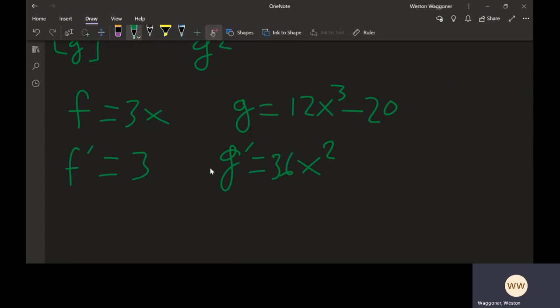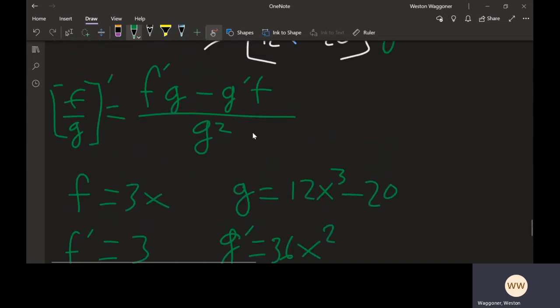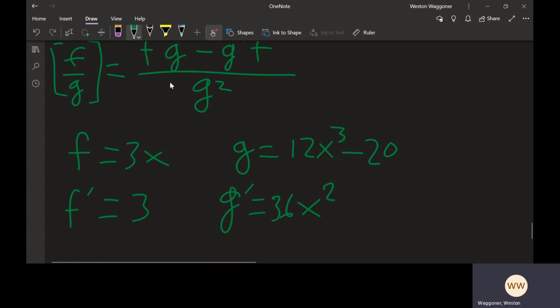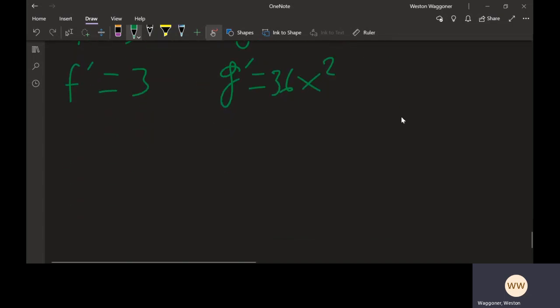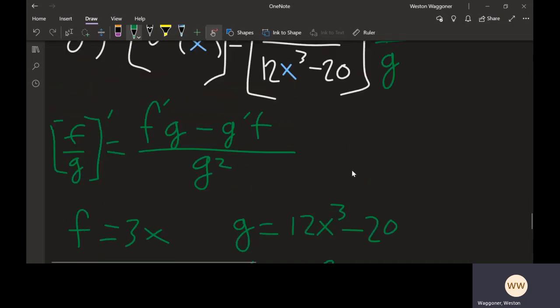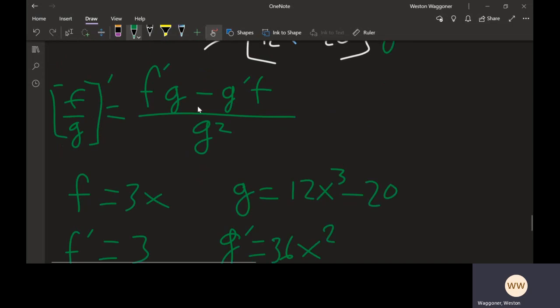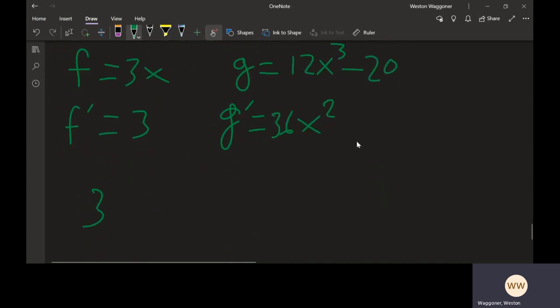All right. So now, following this roadmap, I'm going to plug and play. So f prime is 3. And now I'm just referring back to our map. It's going to be times g. Now we're going to keep that subtraction out here.